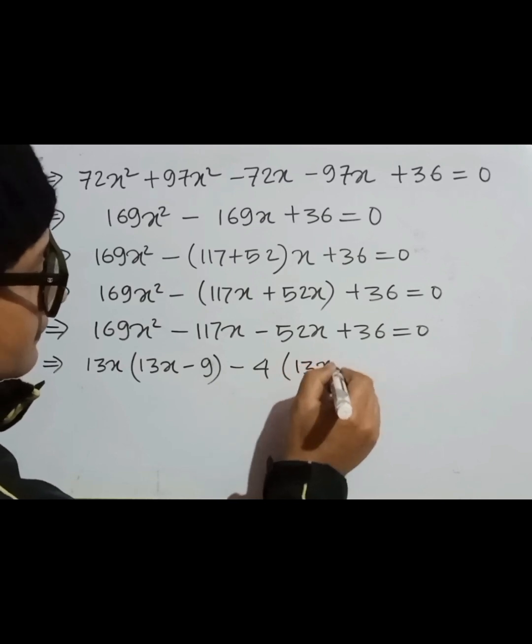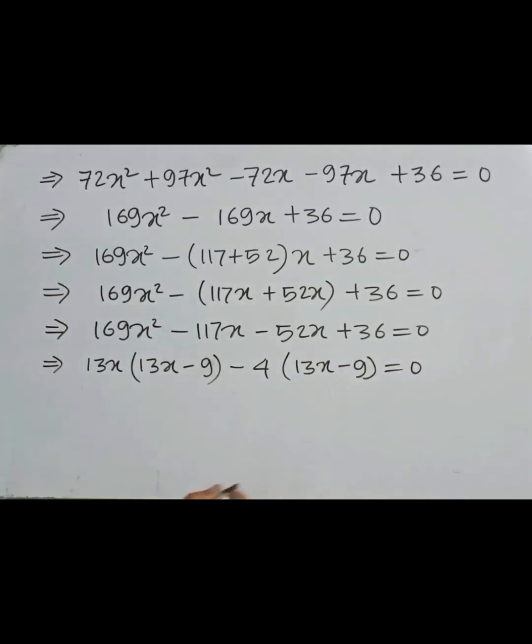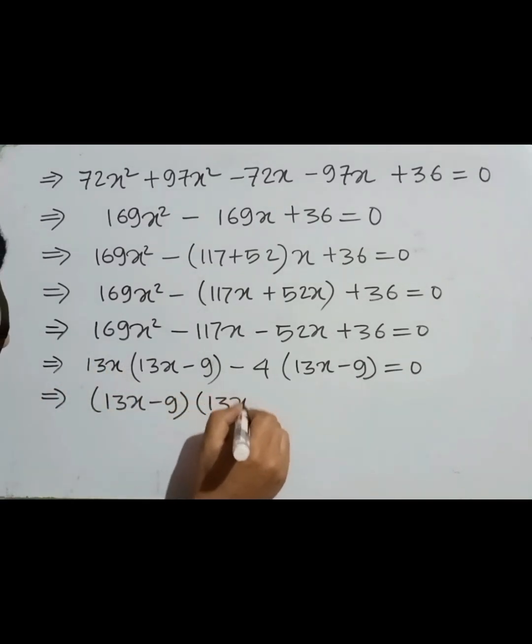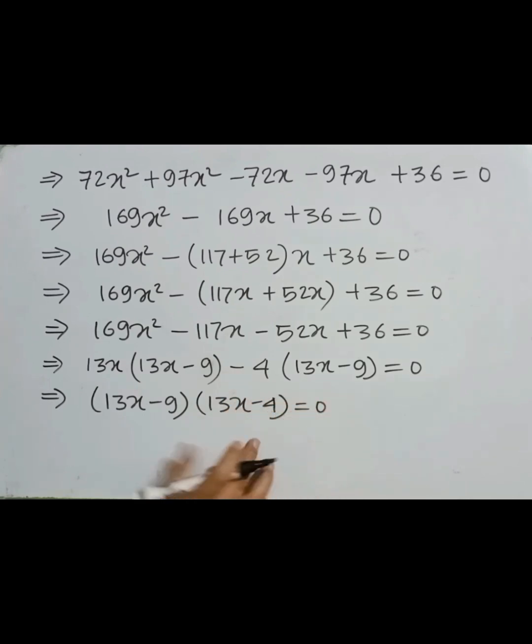So this gives 13x minus 9 within bracket, and this is equal to 0. And we can see that 13x minus 9 is still common, so we can take this as common, 13x minus 9. So it remains only 13x, and there is minus 4. Now this is equal to 0.